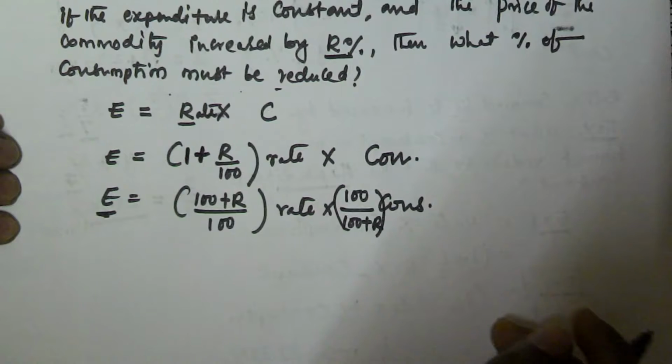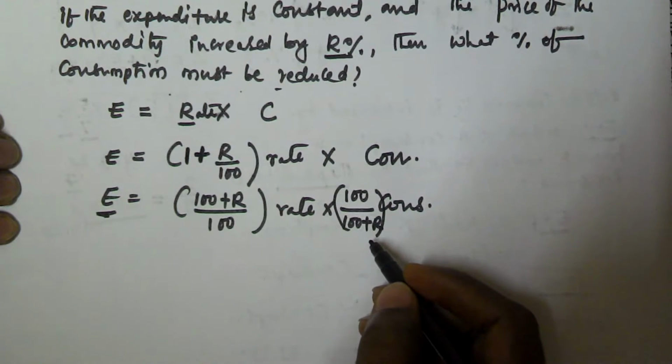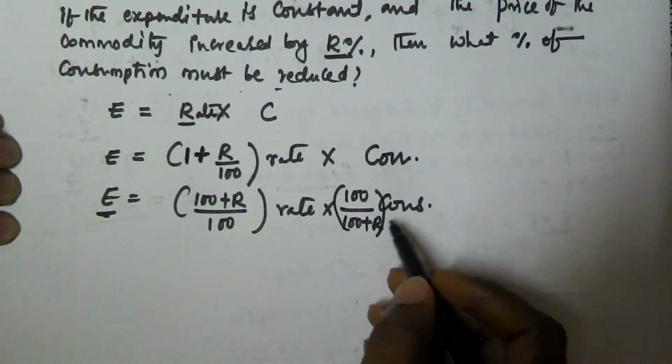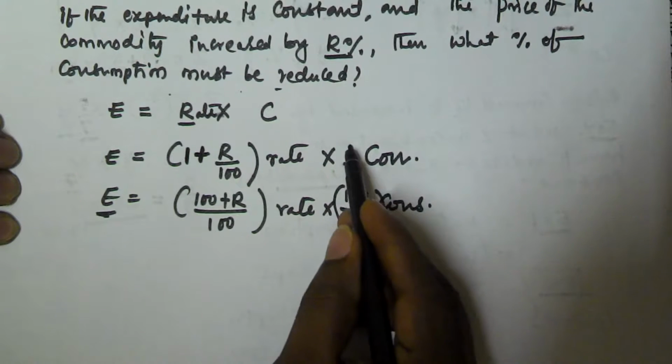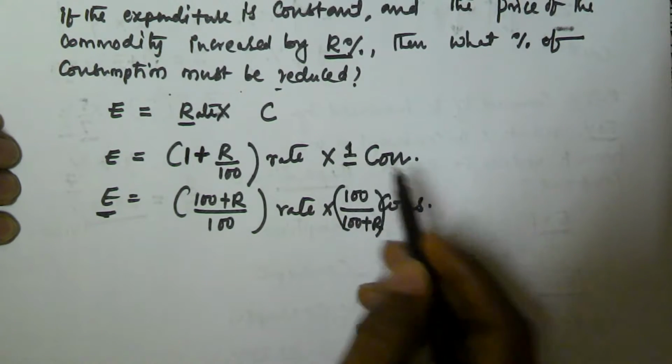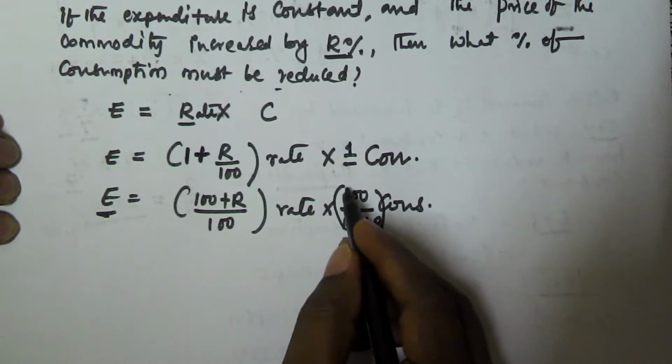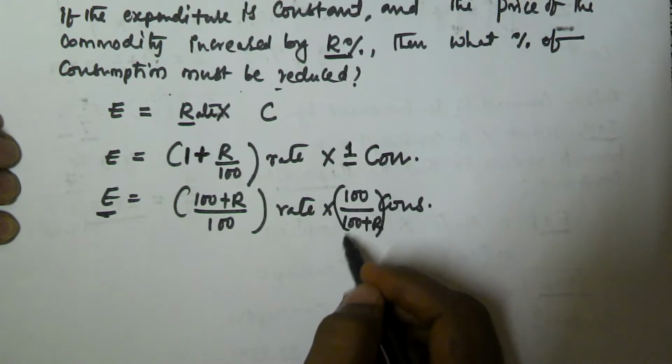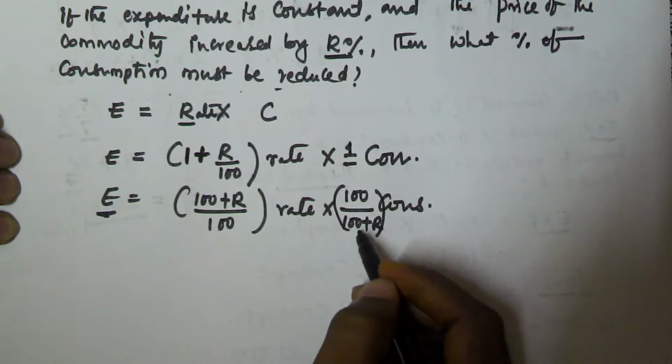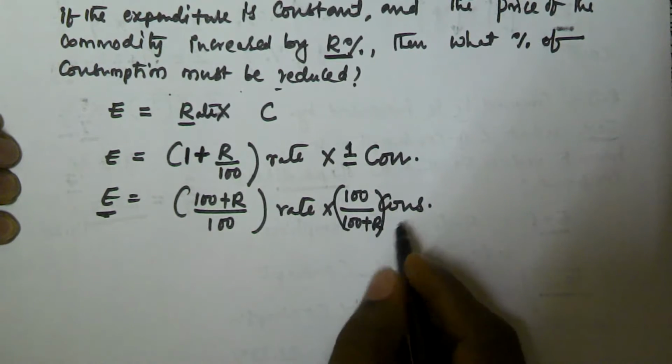So initially the value of consumption is 1 here, but now the consumption is reduced to 100 by (100 plus r). So how much is it reduced?